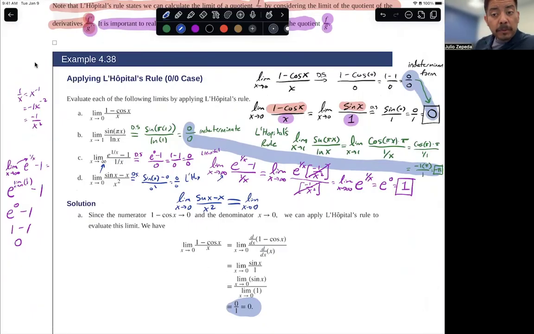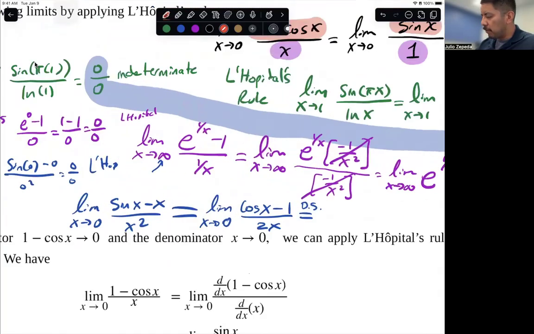So this is going to be equal to the derivative on the top. Sine x, the derivative of that is cosine x. Minus x has a derivative of -1, and x squared has a derivative of 2x. And so now we can do direct substitution. After direct substitution, I'm going to write it up top here because I'm running out of room.